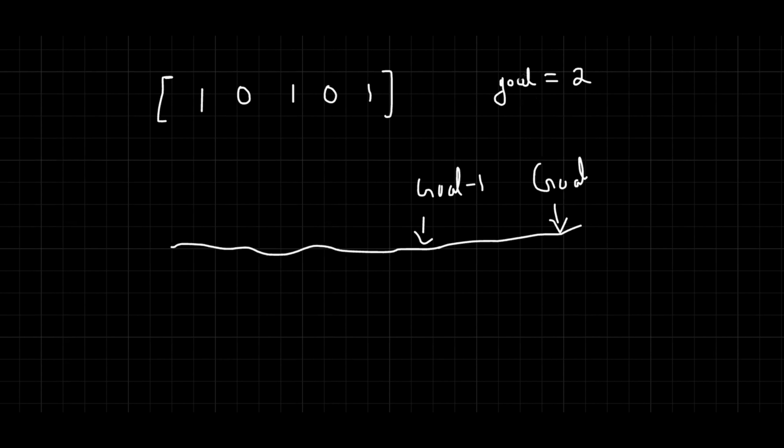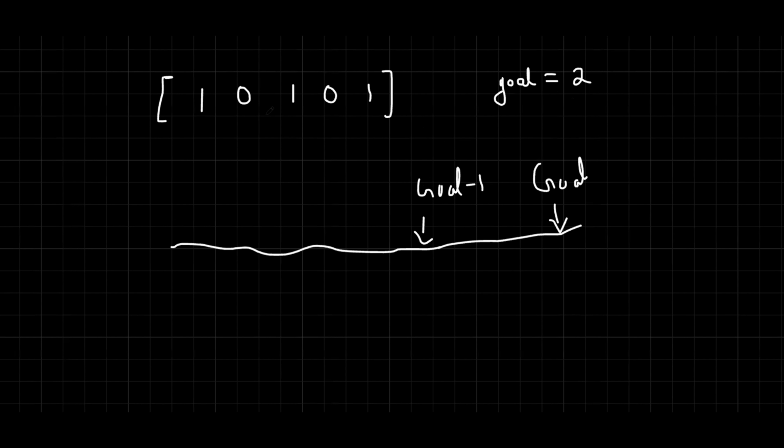Suppose at first we find the number of subarrays where the summation of all of the elements is less than or equal to goal, and after that we subtract from this the number of subarrays where the summation is less than or equal to goal minus 1.